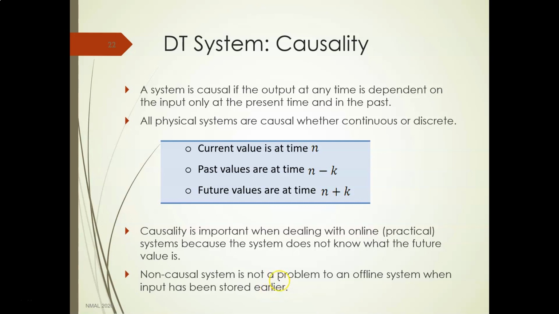We already set the input, for example, to be the input at a future time. This is not a problem. It's like in computer programming, if you want to set future input, that is not a problem. But when we are dealing with online, meaning real-time systems, it is impossible to deal with future values.